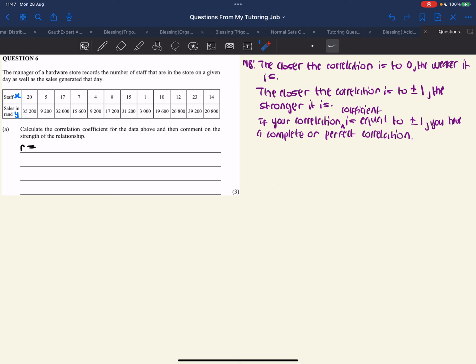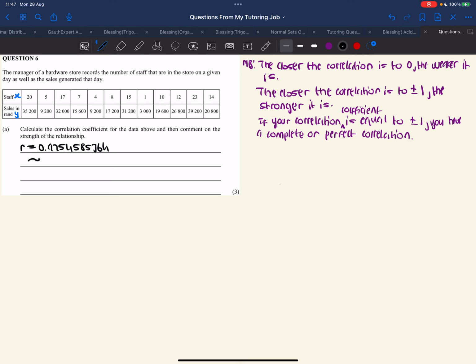Now you should see that your calculator gives you 0.975458536. This is the answer that you're going to get in your calculator. So our correlation coefficient is this answer.